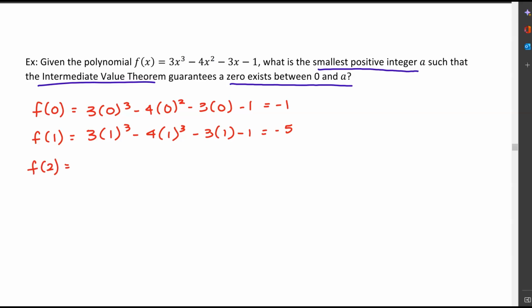Let's try 2. So we get 3 times 2 cubed minus 4 times 2 squared.